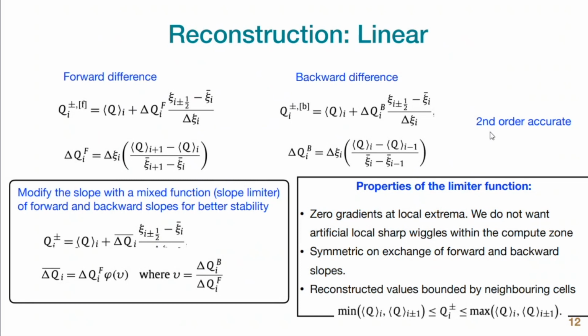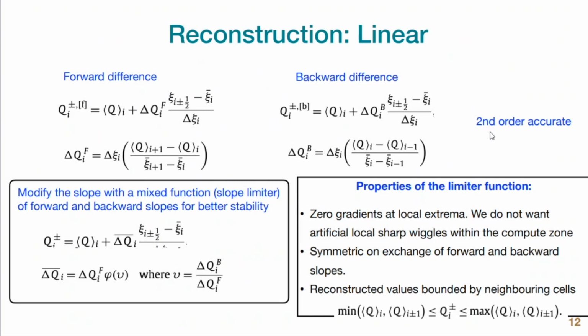What we do is actually a delta q bar. Delta q bar is a function that depends on both the forward slope and the backward slope, and that is related by this function phi p, whatever you want to call it, which is given by the limiter. That's what we mentioned.